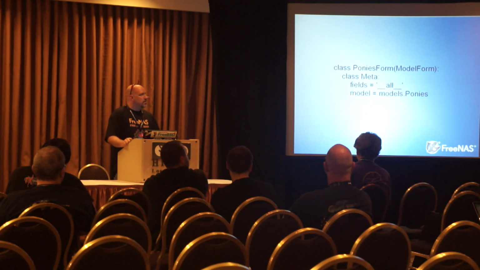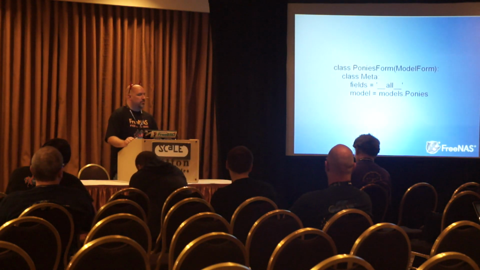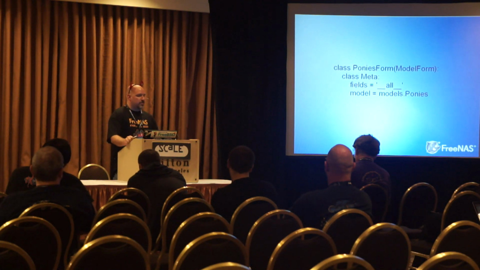Then for every model that you create in a Django app, you also have to provide a form. The form is what is displayed in the UI. So the database abstraction is the model, and the form takes the database abstraction and displays it in the UI.